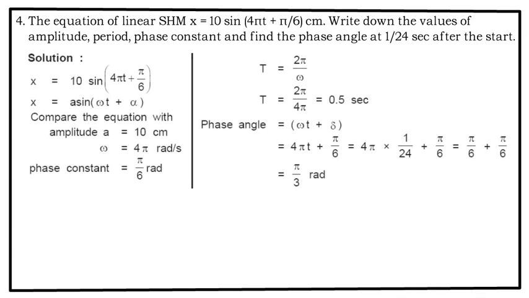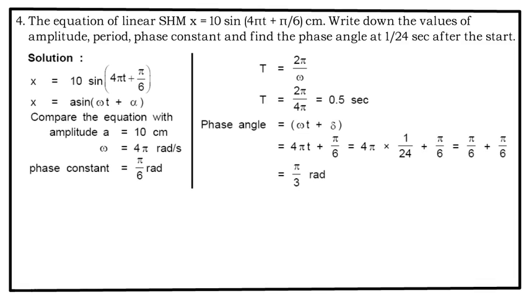X is equal to 10 sine 4 pi t plus pi by 6. X is equal to a sine omega t plus alpha. Compare the equation, you get amplitude A is equal to 10 centimeter. Omega is equal to 4 pi radians per second. Phase constant is pi by 6 radians. Now you know t is equal to 2 pi by omega. T is equal to 2 pi upon 4 pi, that is 0.5 seconds.